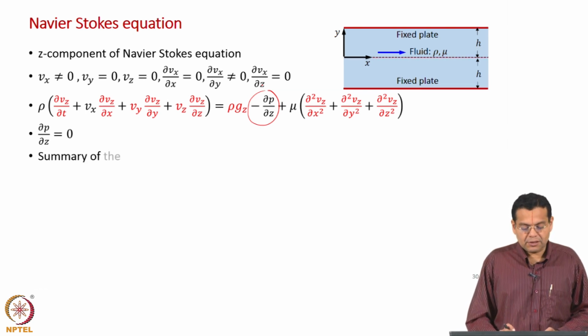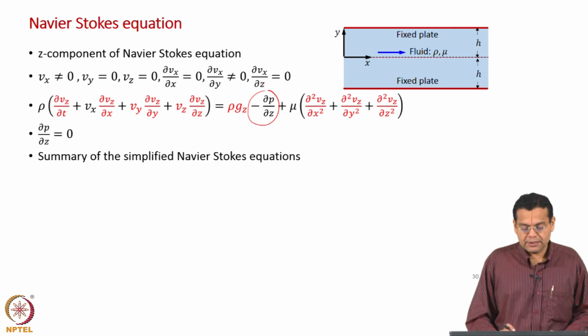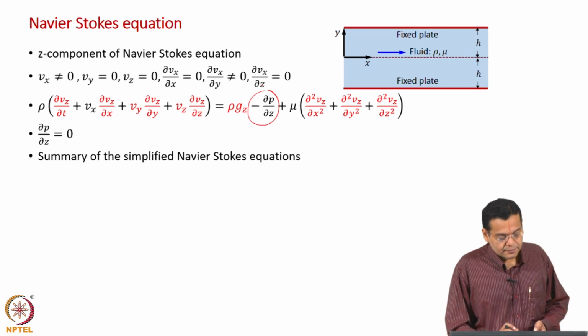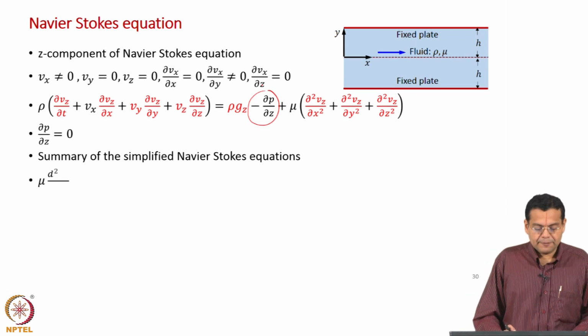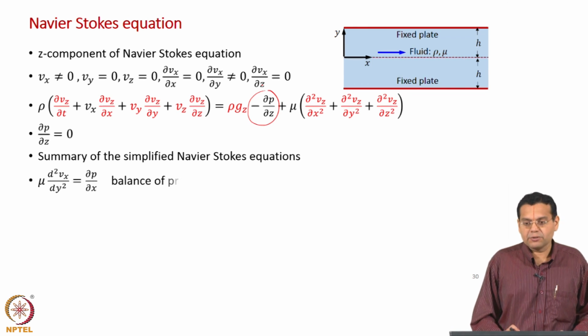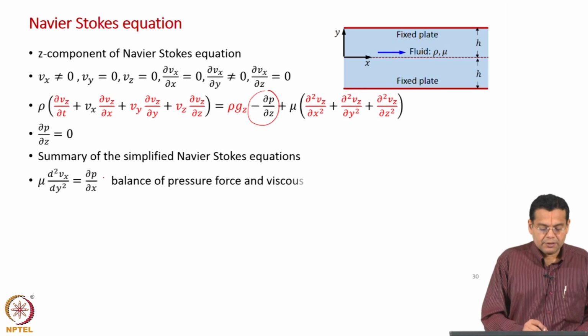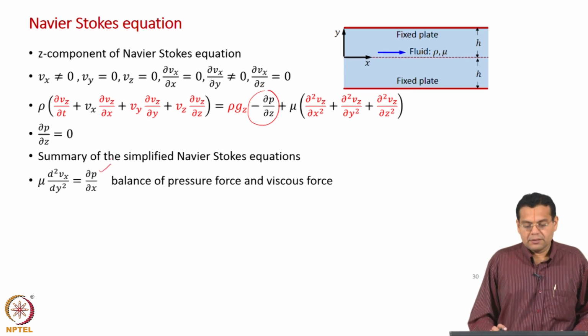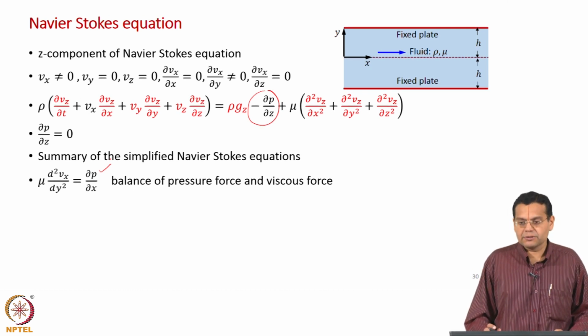So, let us summarize all the 3 Navier-Stokes equations. X component we have mu d²Vx/dy² because Vx varies only with y. So, it is a total derivative, and we have ∂p/∂x on the right hand side. Okay. What does it tell you? It is a balance of pressure force and then viscous force.